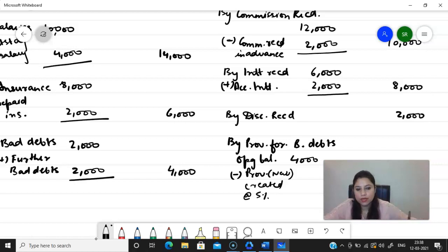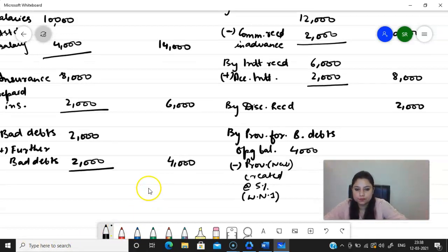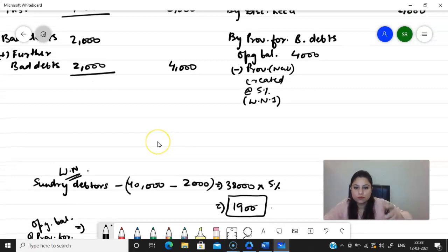You can refer to working note 1 and mention simply the amount here, which is 1,900. So the balance would be credited to the profit and loss account, which amounts to 2,100. That would be accounted for here.